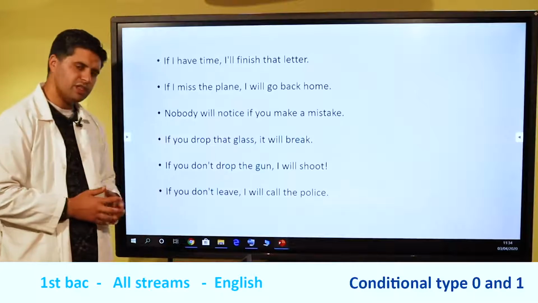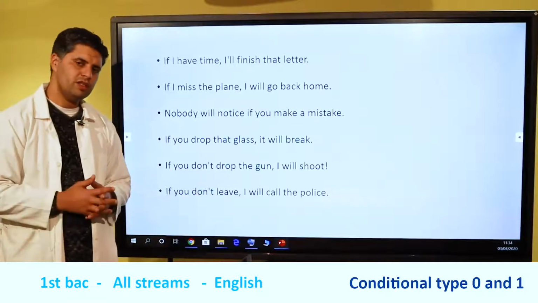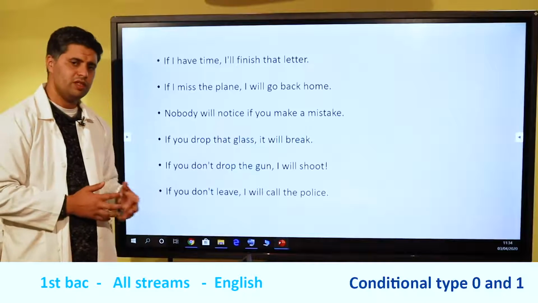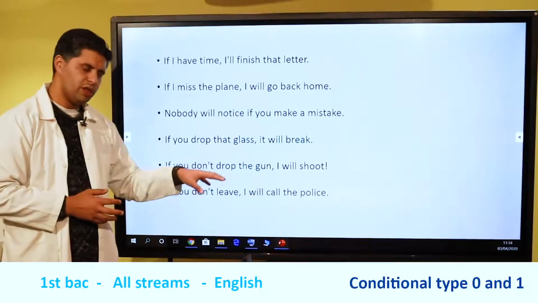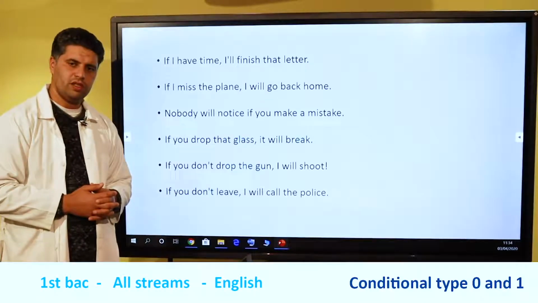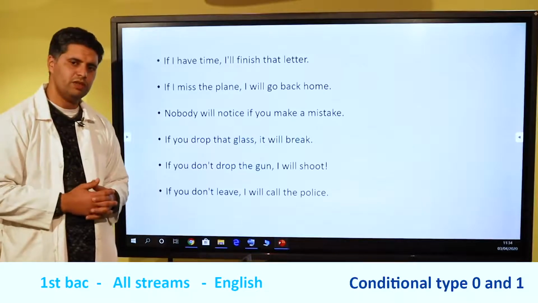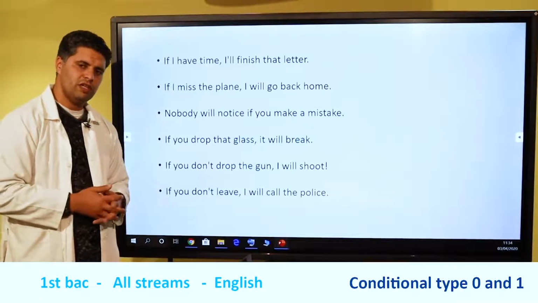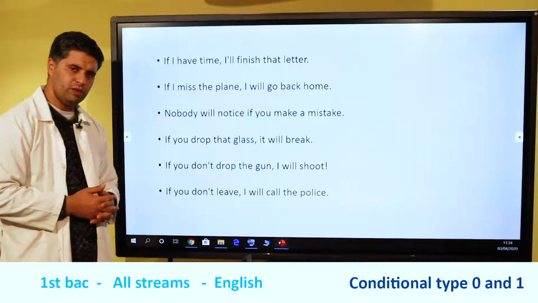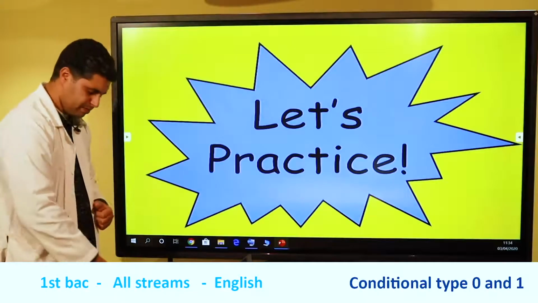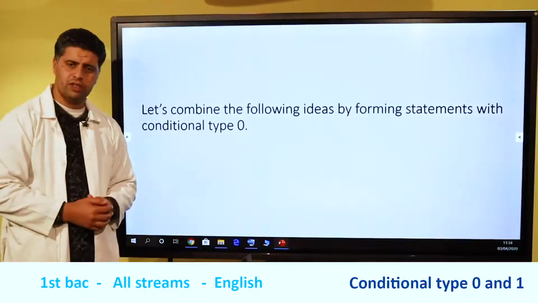And we have a conjunction if, because it is a conditional statement. Which conditional do we have here? It is the conditional type 1. Why? Because we are expressing something in the future. And when we talk about something in the future, we are not sure if this will happen or not.